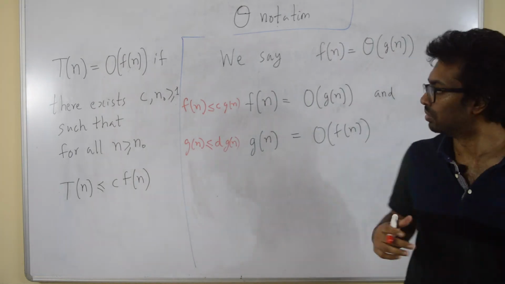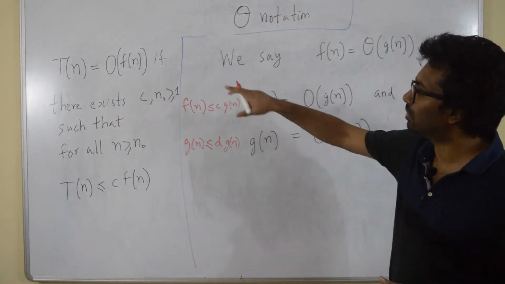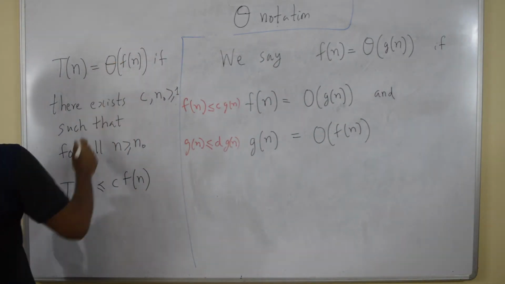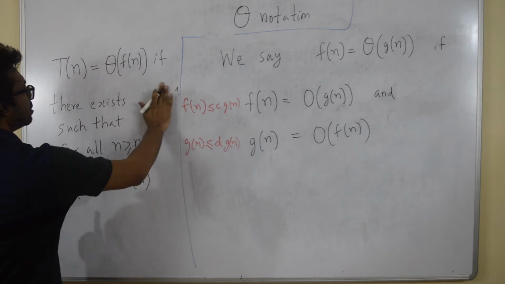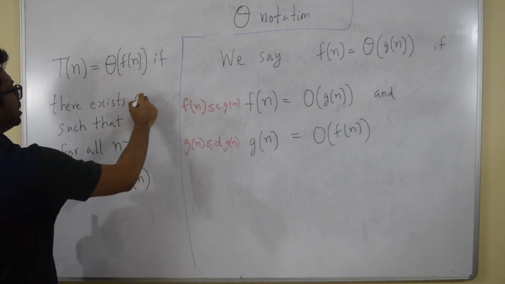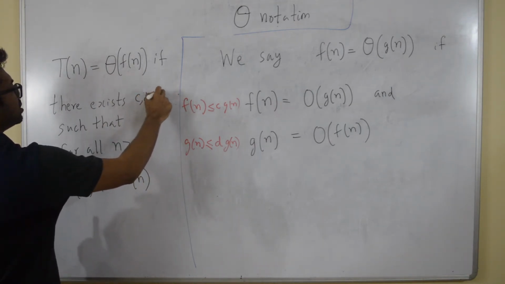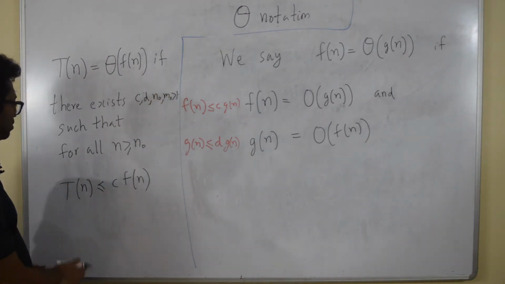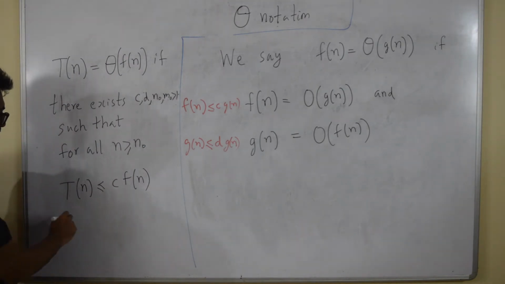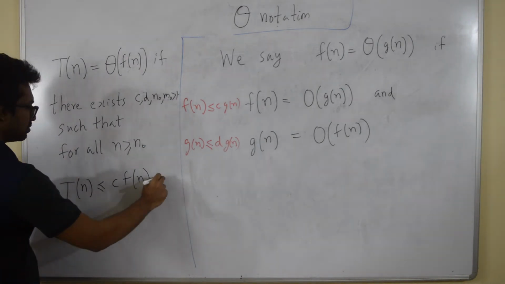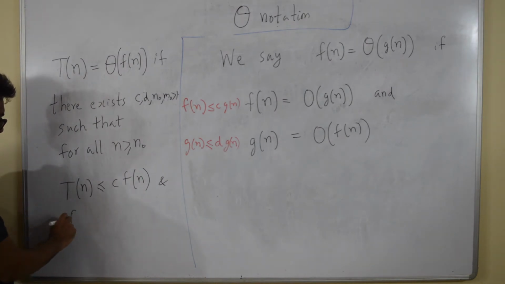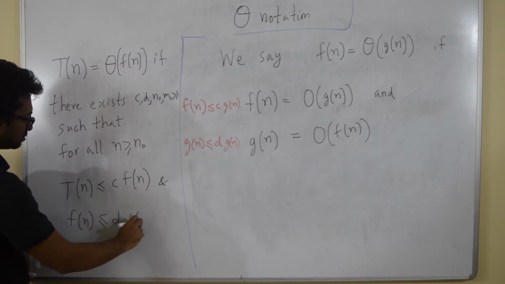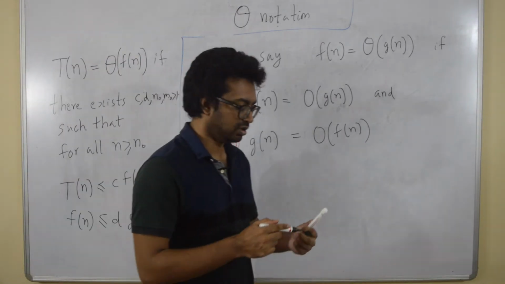So if I have to write the theta notation like this, I will write: there exist constants c, d, n0, with n0 greater than 1, such that for all n greater than n0, t of n is less than or equal to c times f of n, and f of n is less than or equal to d times t of n.